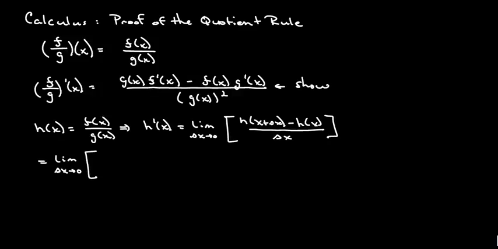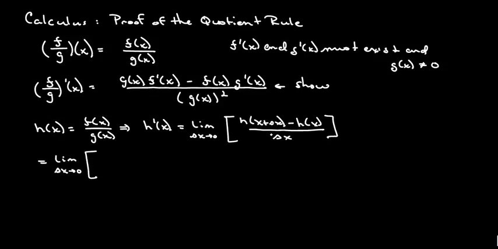So f prime of x and g prime of x must exist, and g of x can't be equal to 0. I might have said that g prime of x can't be equal to 0, but it can. So g prime can be equal to 0, but g itself can't be 0.